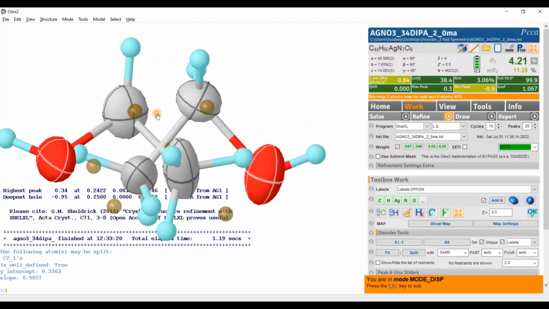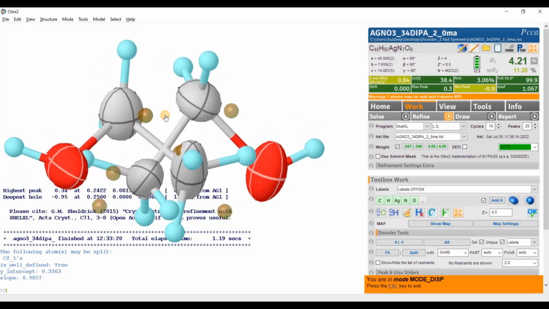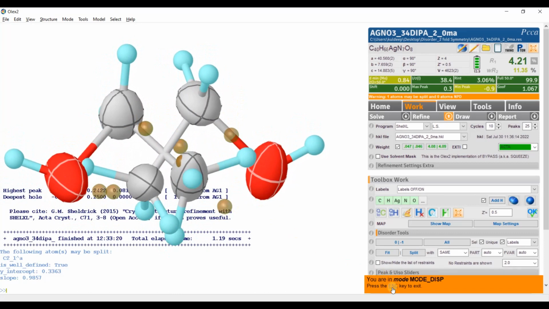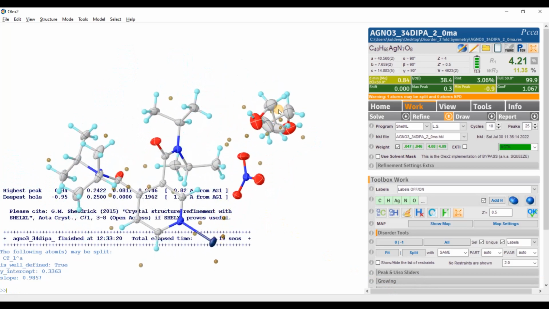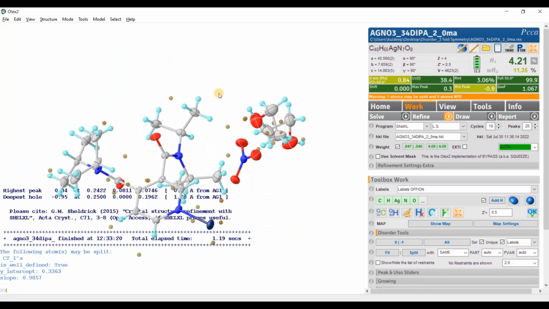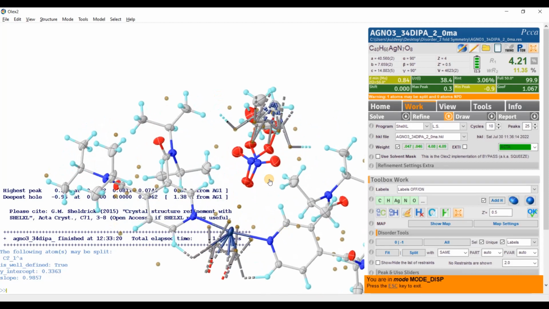So the second orientation is generated from the first one by the crystallographic two-fold axis. Just going to press escape, type UNIQ again, it will bring the whole molecule back, and now I am going to press Ctrl G, it will generate the whole molecule like this.